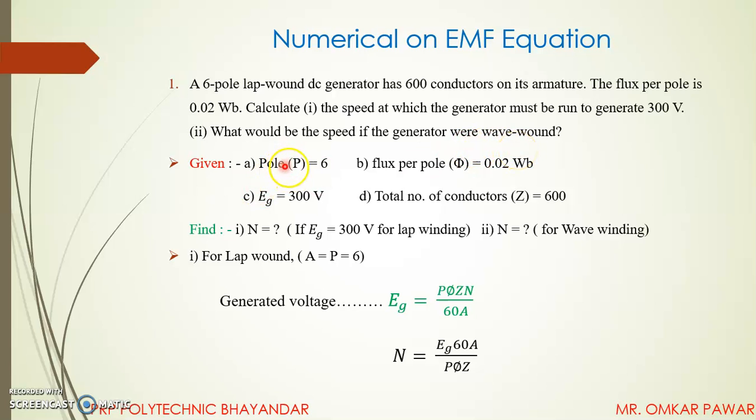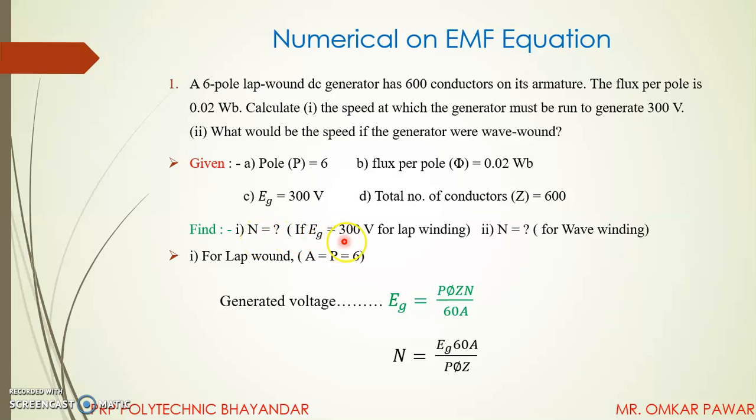So given is P, that is the poles, 6 poles. Next, the flux per pole is 0.02 Weber, that is phi. EG is given as 300 volt, and the total number of conductors is also given, that is Z is equal to 600. What we have to find is N.